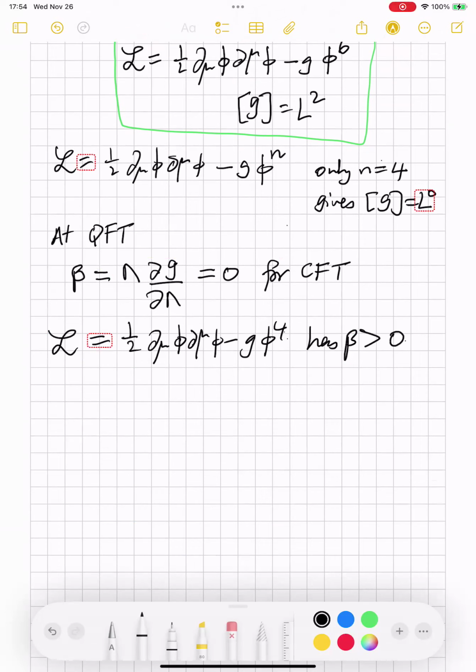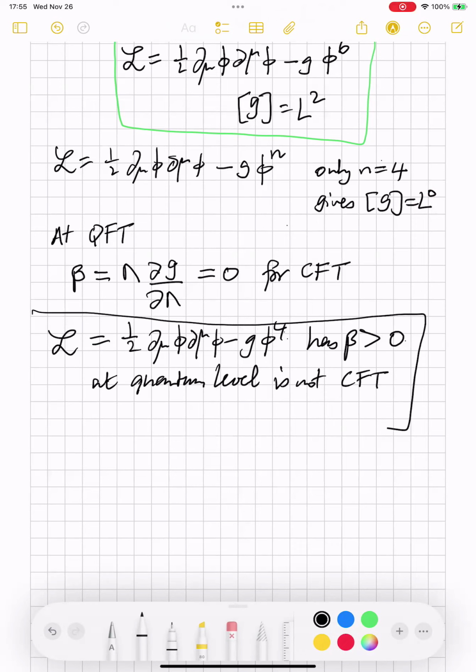That was one of the results that we learned. So at the quantum level, it's not a CFT.